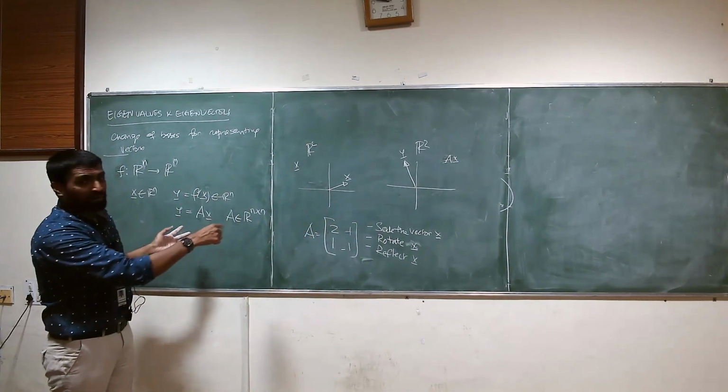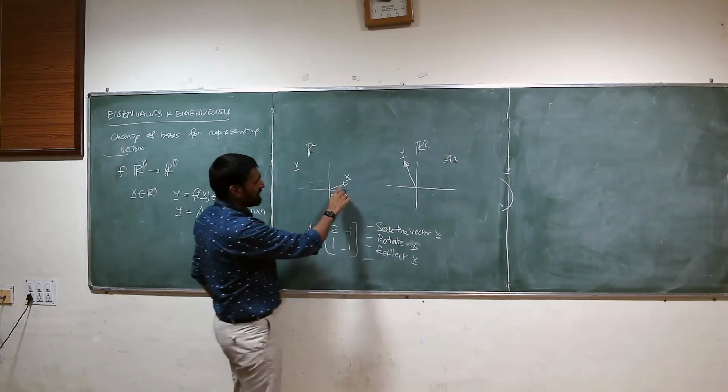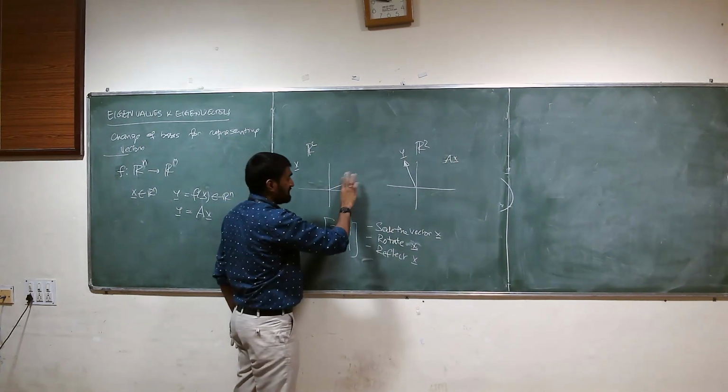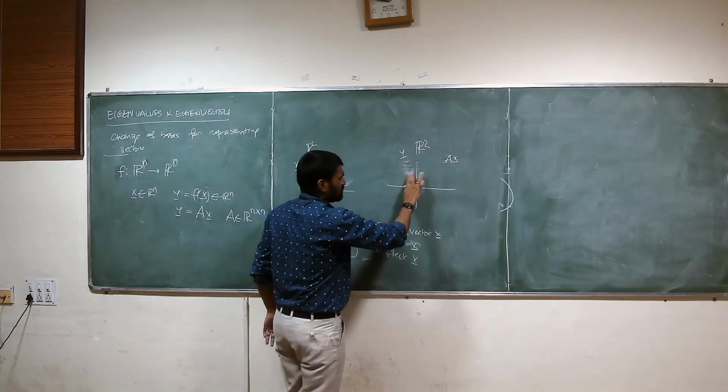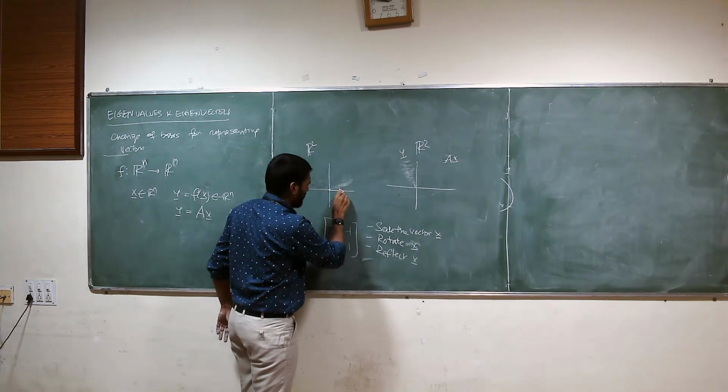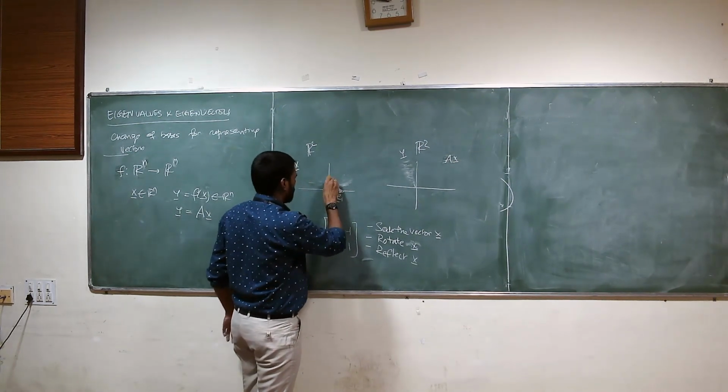Now, one way to understand what really is going on is, instead of asking what happens to an arbitrary x when you do this transformation, you can ask what happens to the standard basis vectors. What happens to E1 and what happens to E2?